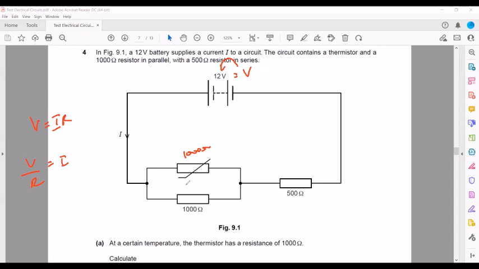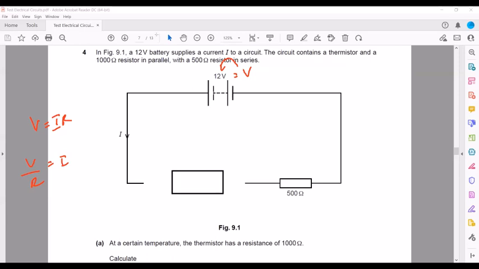This is 1000 and 1000, and when we find the combined resistance of these two components, that is 500. So this one is 500 ohm because combined, and this is 500.